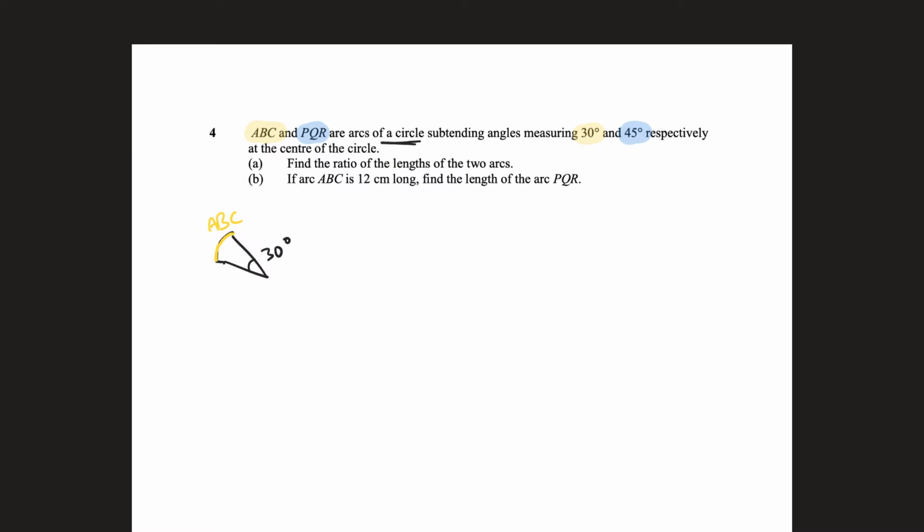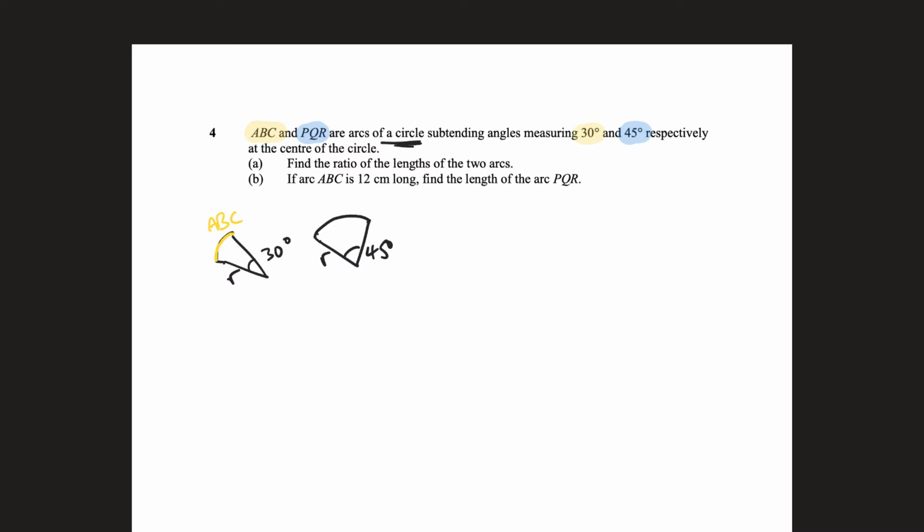Let me draw it separately so it's easier to see. If I have 45 degrees, it's just a sketch, roughly 45 degrees. This radius and this radius are the same because it's the same circle. And now the arc formed by the 45 degrees is this length, which is PQR.